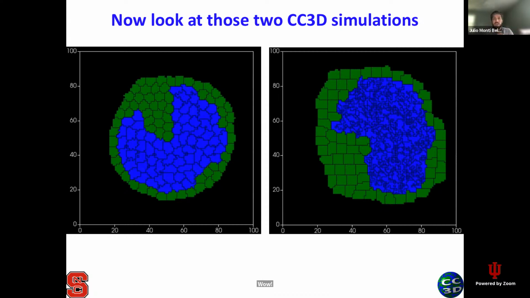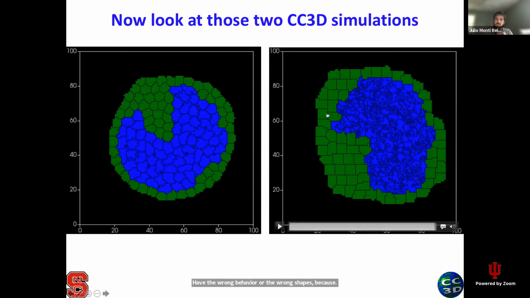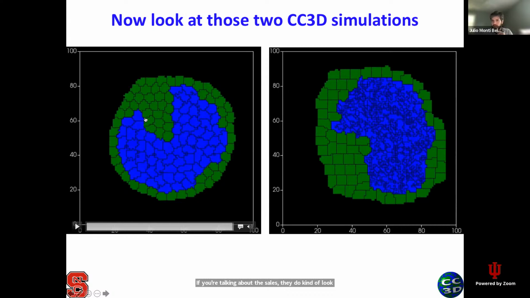But yes, it's a good point. Sometimes the cells do have weird shapes, and you want that to appear in your model, okay? But I'll say that in this case it's a little bit less clear, and you cannot immediately say that the cells on the right have the wrong behavior or the wrong shapes, because if you're talking about epithelial cells, they look more squarish, more cuboidal than these ones, okay?